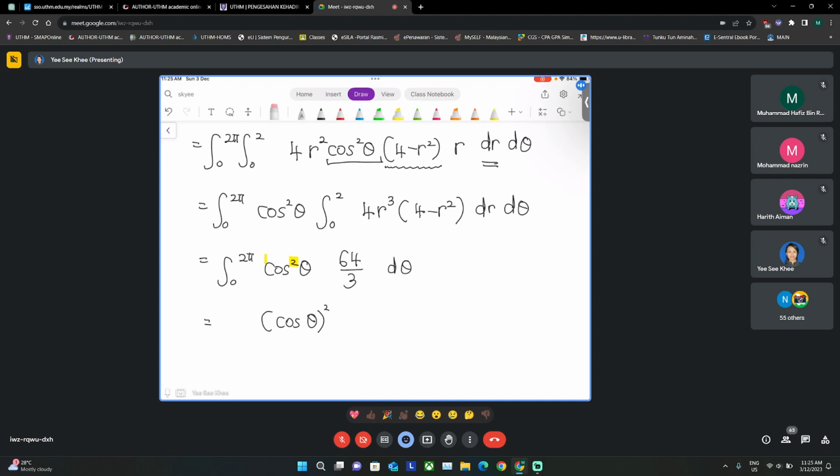Integrating from 0 to 2 pi, you get 64 over 3 pi.